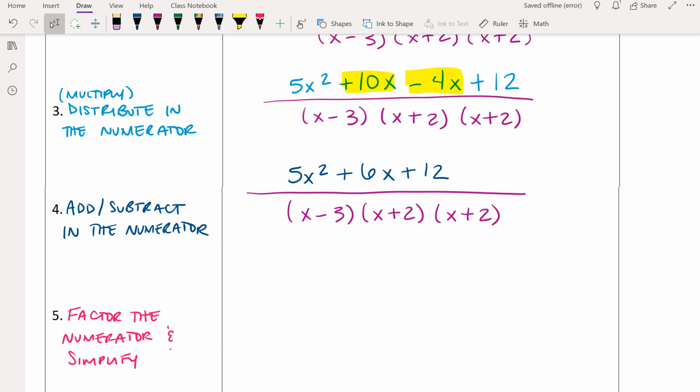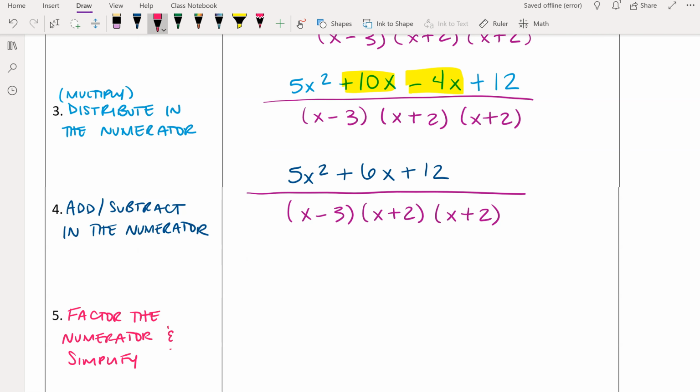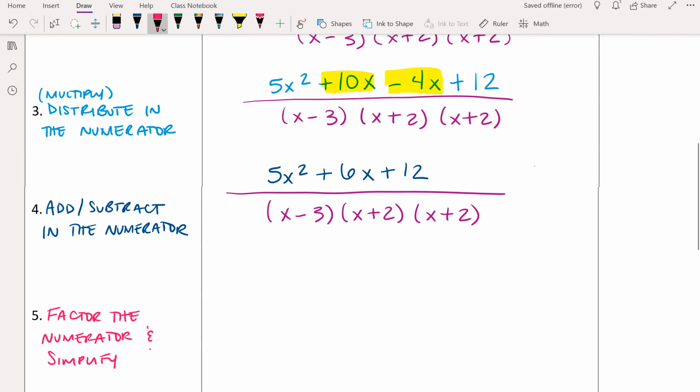All right, so we need to think, can we factor this numerator? Can we think of anything that multiplies to 5 times 12, multiplies to 60, and adds to 6? Multiplies to 60 and adds to 6.